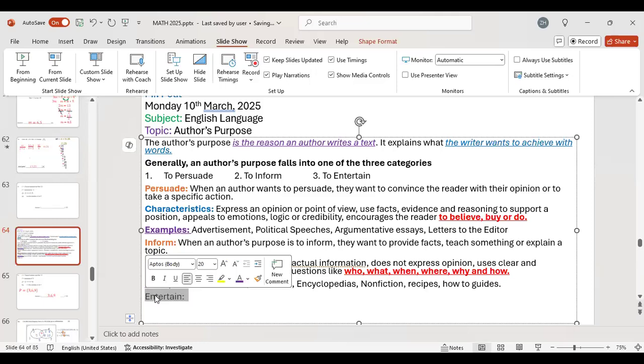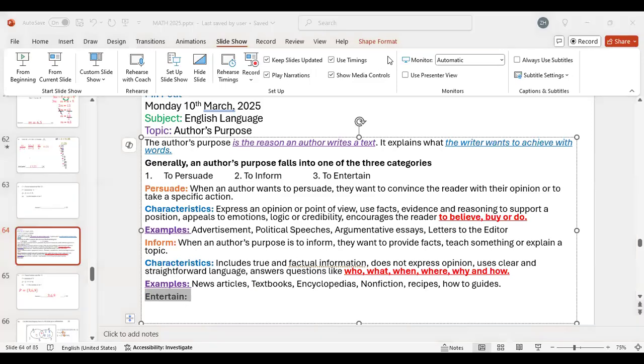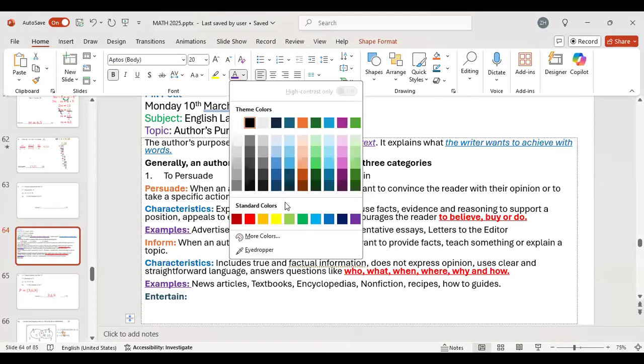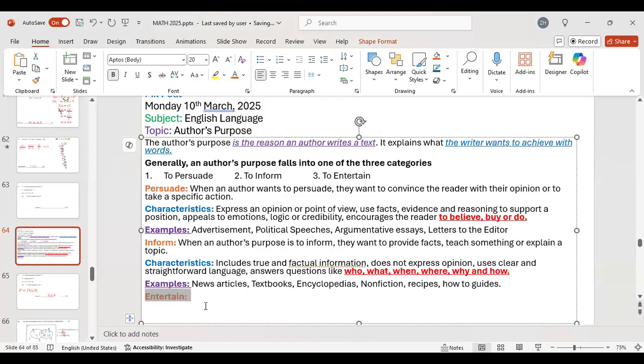So the author might want to just persuade, inform, or entertain, or they might do both. They might inform you and entertain you, or they might try to persuade you and entertain you, right? So it's multiple purposes wrapped up in one. So you have to be able to decipher what is what.